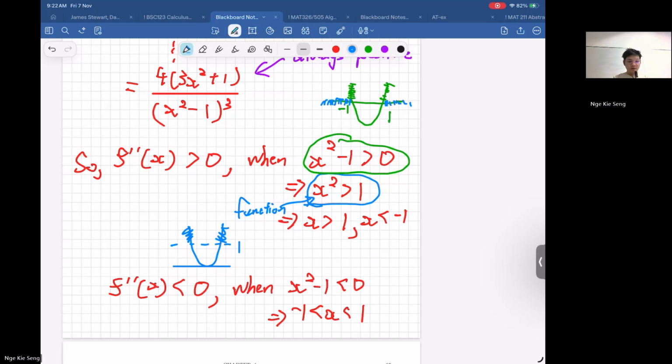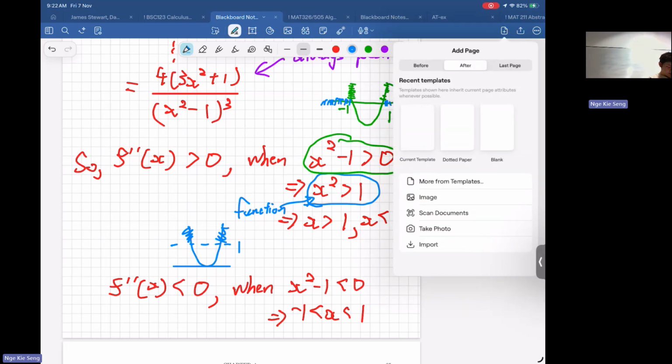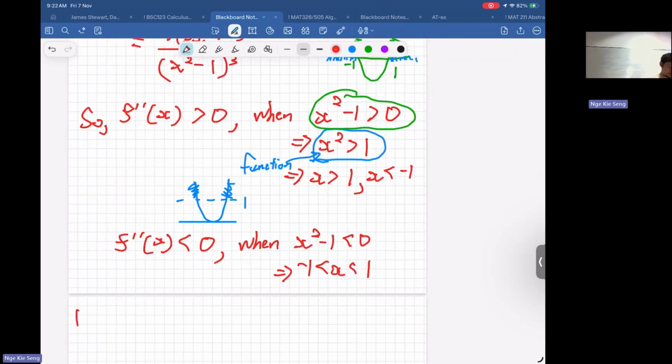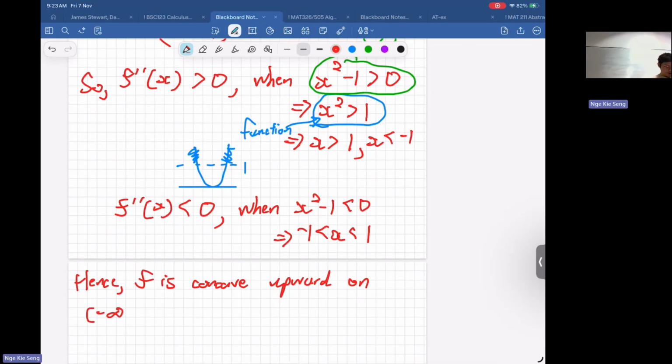Hence, like what Felicia said just now, based on this, we know that f is concave upward on minus infinity to minus 1 and 1 to infinity.